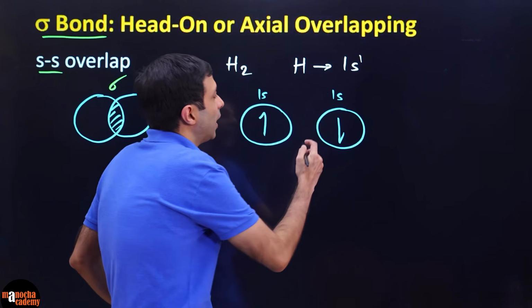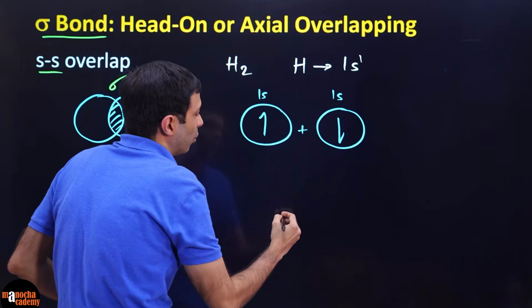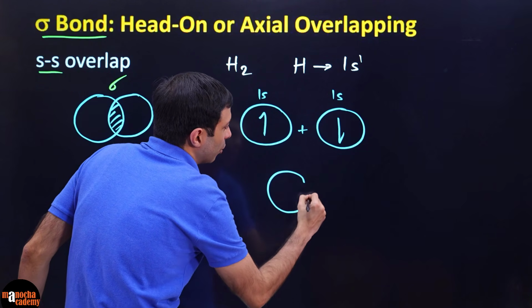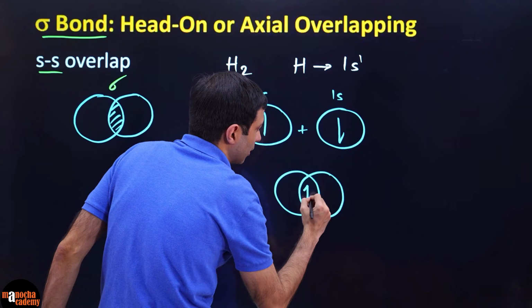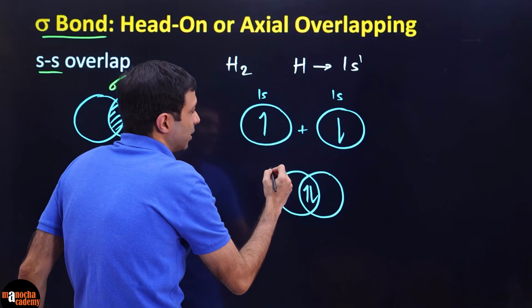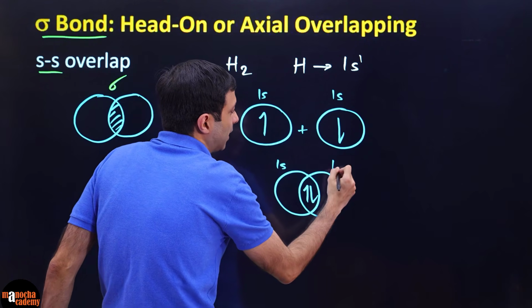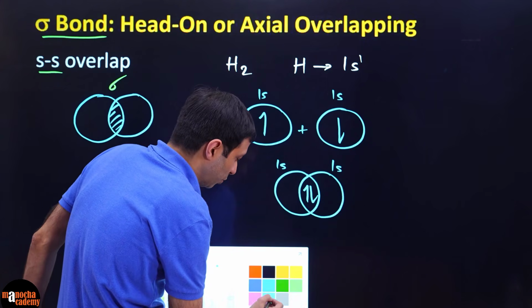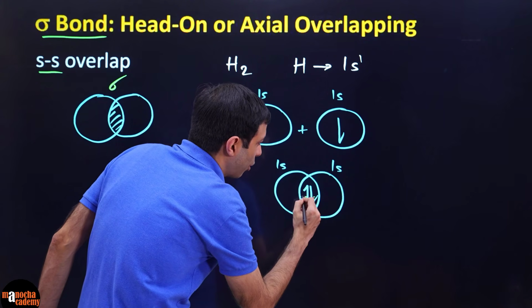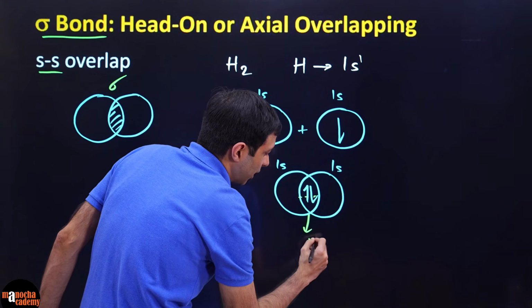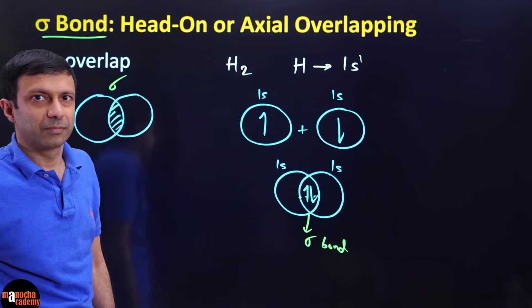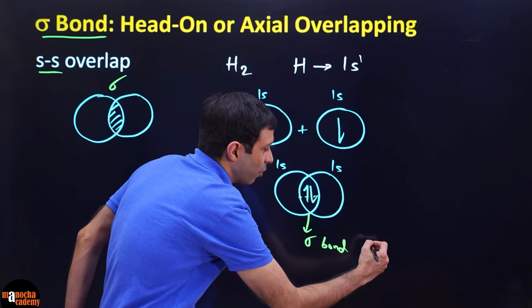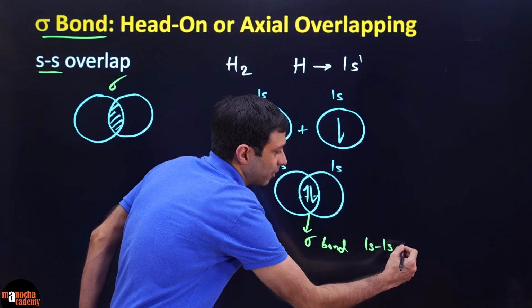So when these two overlap, it's going to look like this. So this is the 1s, and this is their overlap. Here you can say this is where your sigma bond is formed, or we can say this is where our 1s bond is formed.